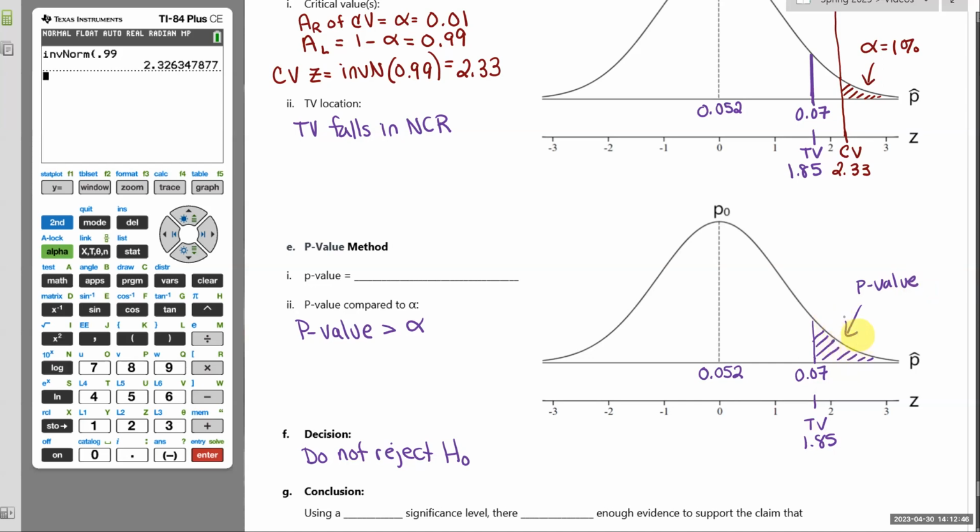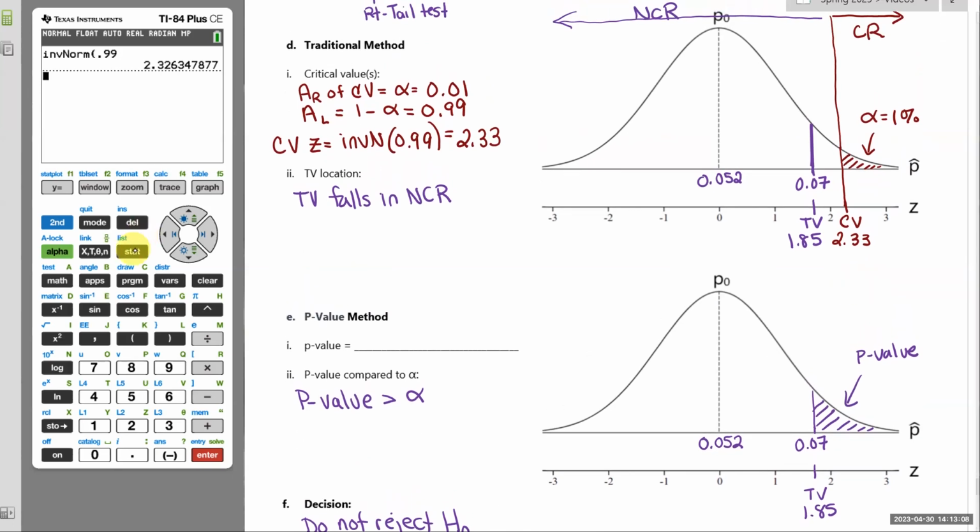So now I can see visually that that p-value area is bigger than the alpha area. Up top here, the p-value would be everything from 0.07 over all of that. So that area is bigger than the alpha area. That makes sense visually.